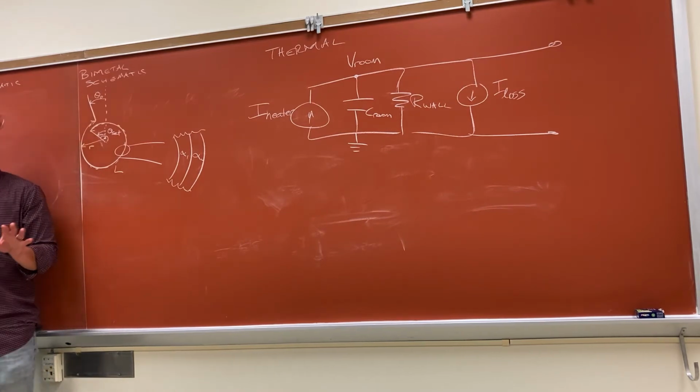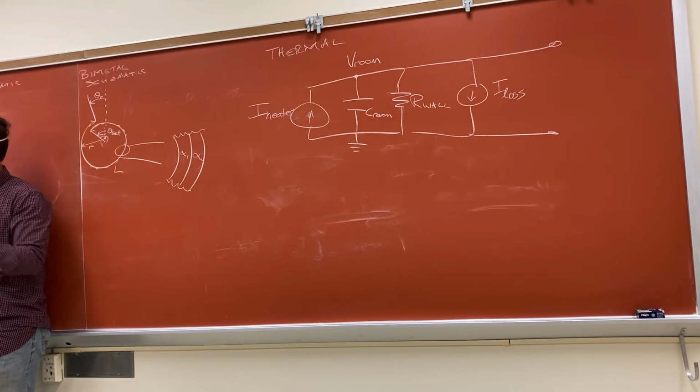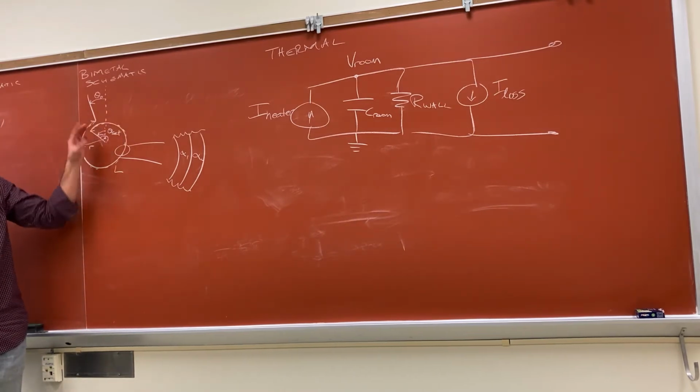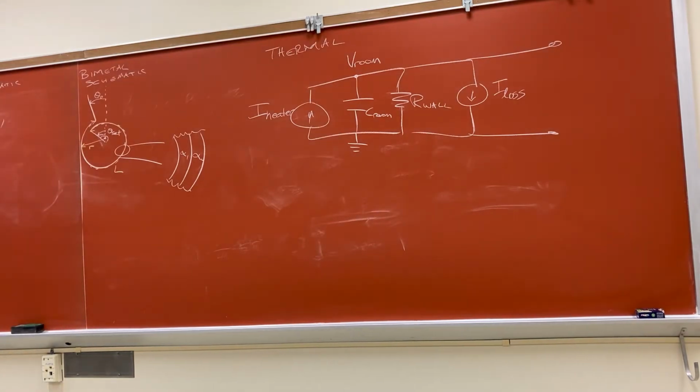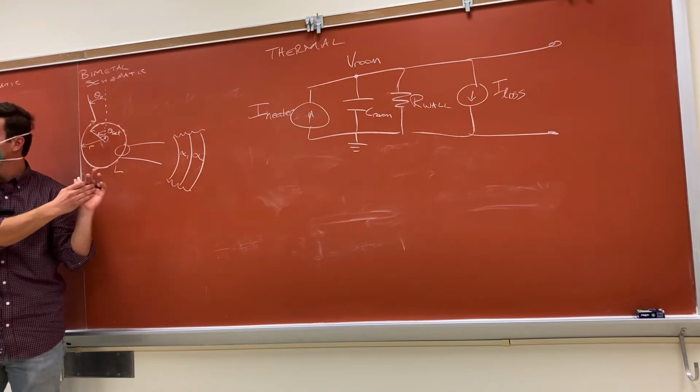It's not a strictly linear system because it's a binary state. The output is going to be an on-off signal. The inputs are going to be angles. And how do we get an angle out of a temperature? Well, that's the physics of this bimetal strip.